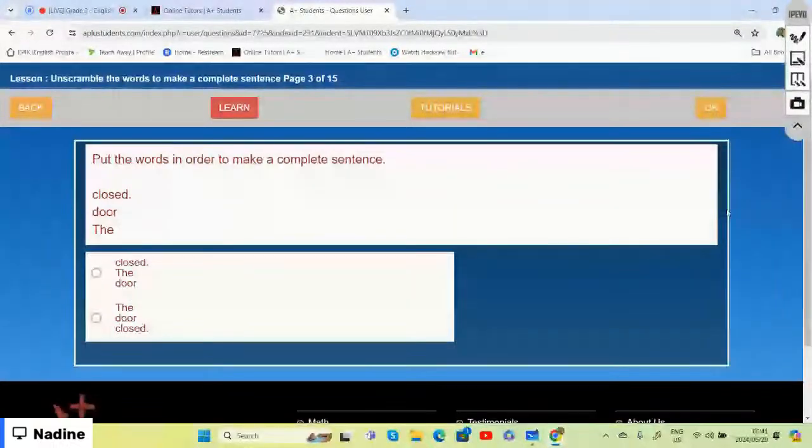All right, the next one says put the words in order to make a complete sentence. It says closed door the. Closed door the. Is it closed the door or the door closed? So closed the door, option one, or option two, the door closed.